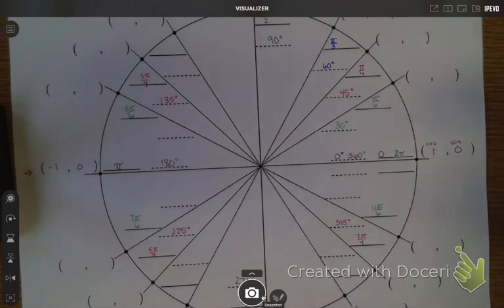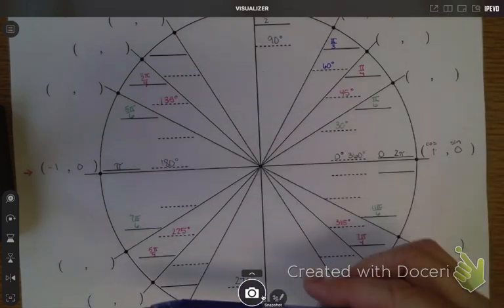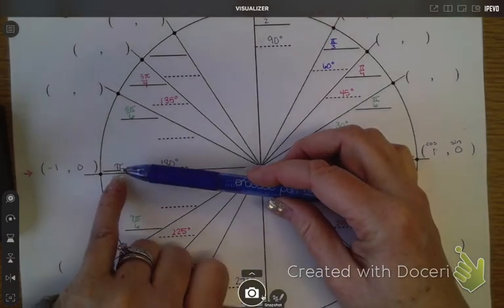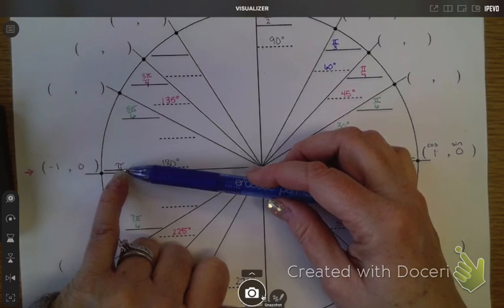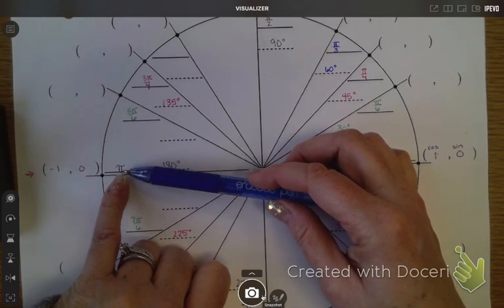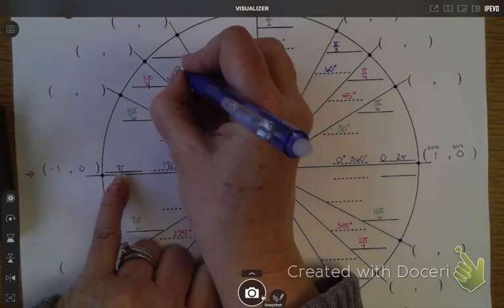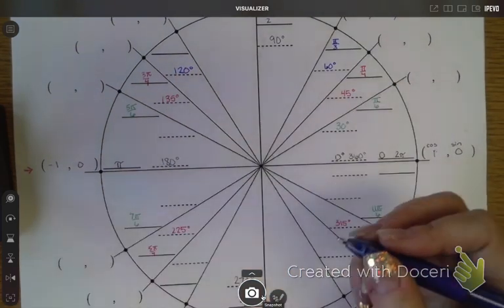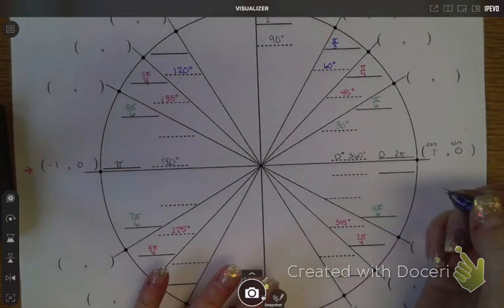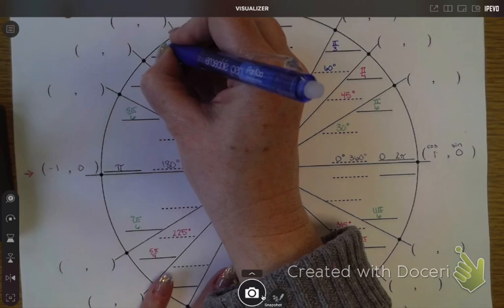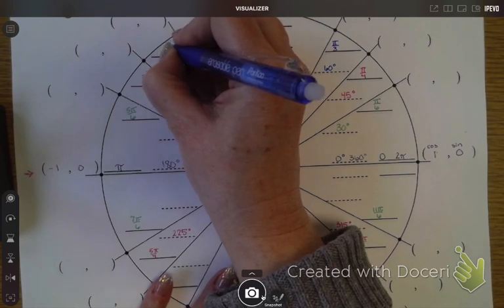So I have 60-degree pieces. So I'm not going to go around this time. I'm going to go less. So what's 60 degrees less than a whole pi? 120 degrees. But what would the radians be? 2 pi over 3, because 2 is 1 less than 3.